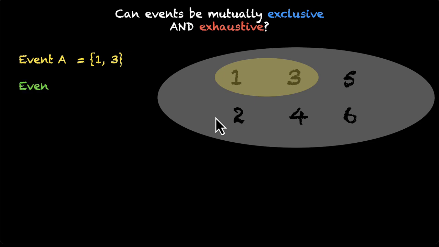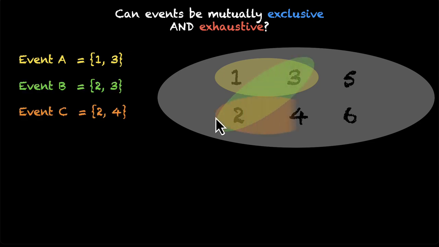Event B is 2 and 3. Event C is 2 and 4. And event D is 5 and 6. You can pause the video and test your own understanding. Figure out which of these events are mutually exclusive, which of them are exhaustive, and then finally we'll discuss which of these events are both mutually exclusive and exhaustive.